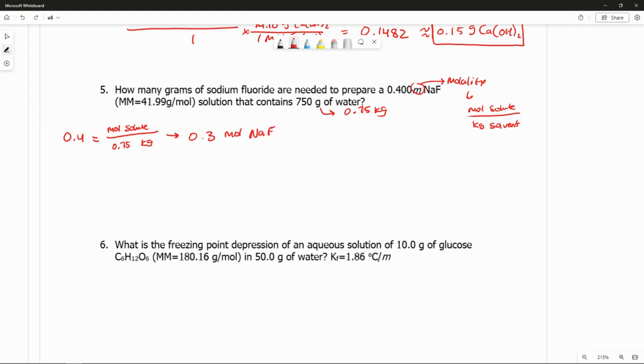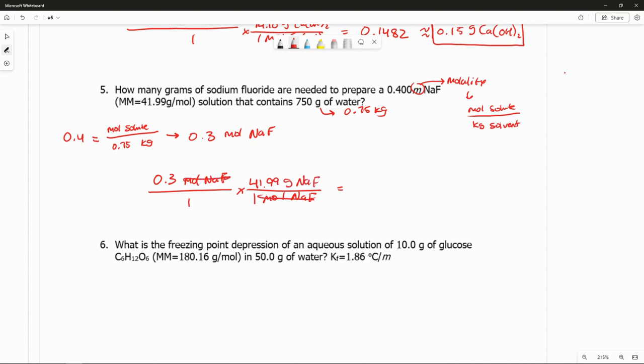Take this number, we are going to set it up as dimensional analysis, 0.3 moles of NaF, and try to find the grams. Every 1 mole of sodium fluoride, we're going to use the molar mass, 41.99 grams of sodium fluoride.